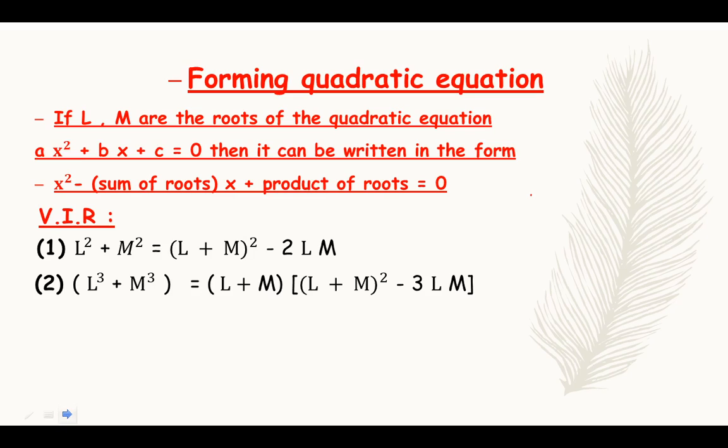Rule number 2. L power of 3 plus M power of 3 equals L plus M multiplied by L plus M for all power of 2 minus 3LM. Okay? You can see that the difference in this case is that here we have L plus M and the same bracket L plus M for all power of 2 as the first one.